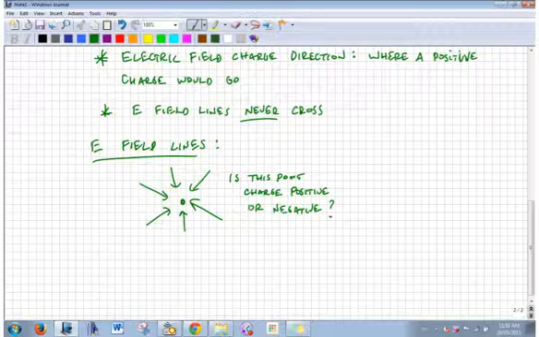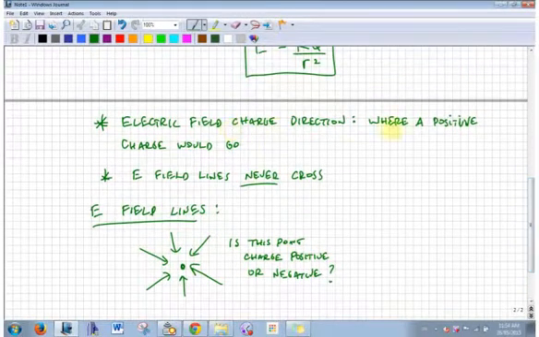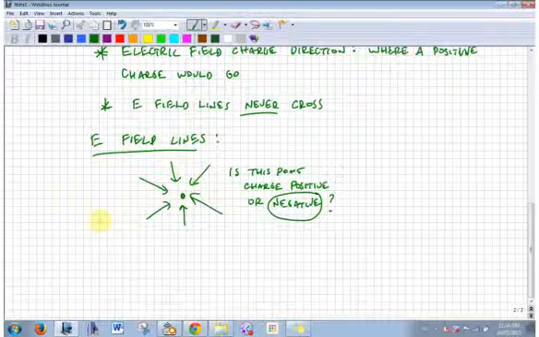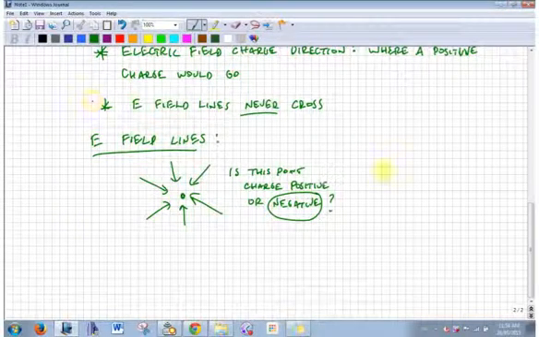How do we know it's negative? Because the lines indicate where a positive charge would go. And if a positive charge would go like that, well, that's showing attraction. So this guy must be negative. Okay? So that's all you're going to get, is a little picture like that. These two things I'm telling you, you got to know them. Got to stick them in your head.